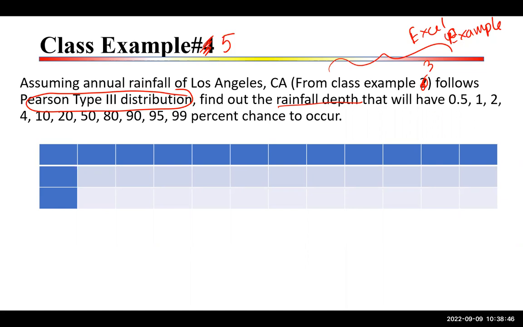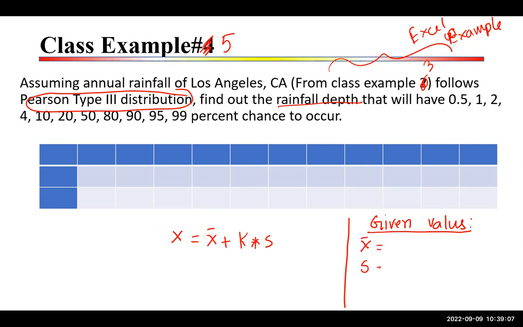Okay. So the general equation for that one is x equals x bar plus k multiplied with s, right? Now I will write down the given values. The x bar and s, can you give me that from your class example 3?